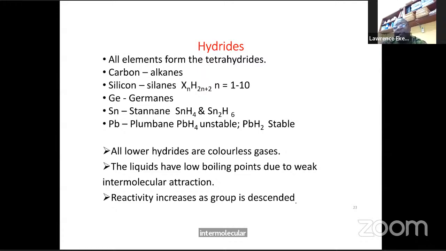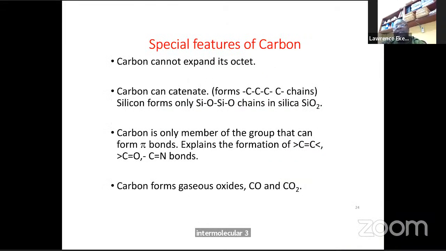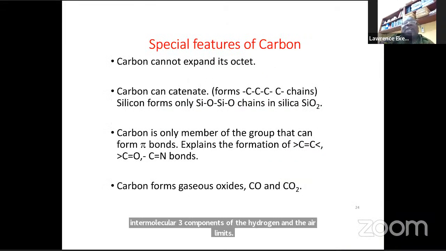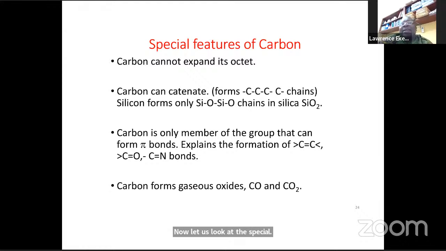Now, let us look at the special characteristics, the special features of carbon. We've said that carbon cannot expand its octet. It cannot expand beyond the valency of the octet.